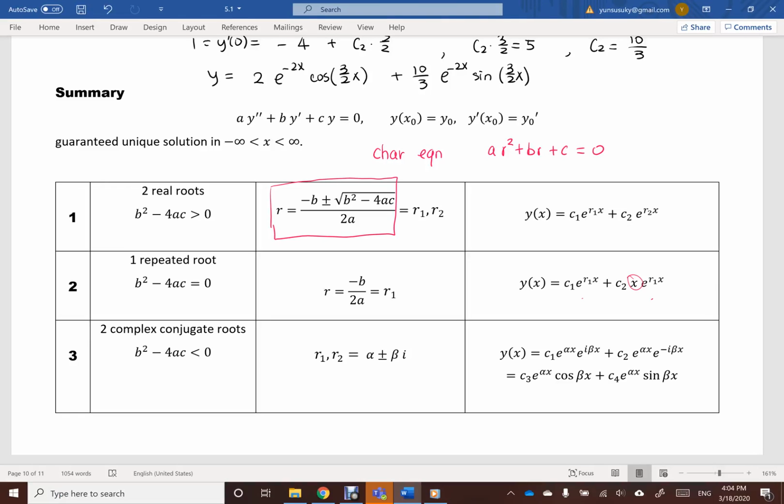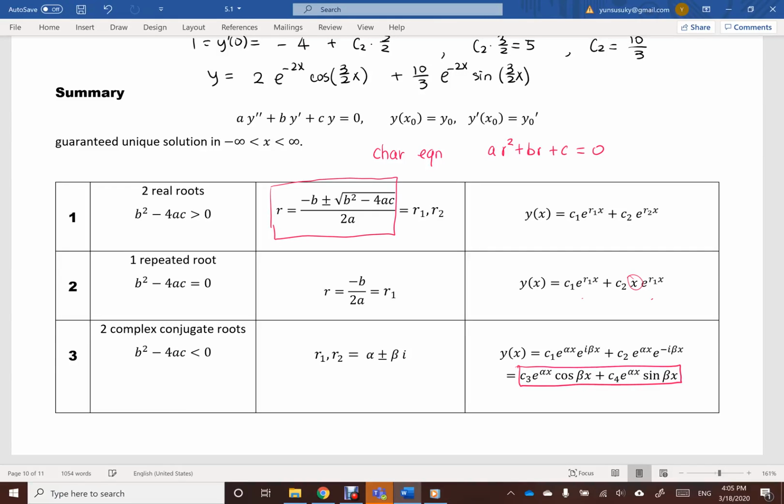Okay, and the solution is going to be this and this, but we are actually able to express our solution in terms of real solutions. Because we're given a differential equation with real coefficients, we expect our solution to be real as well. So you use this formula.